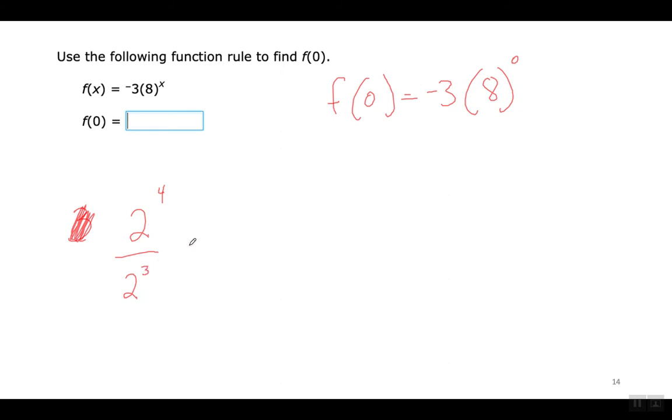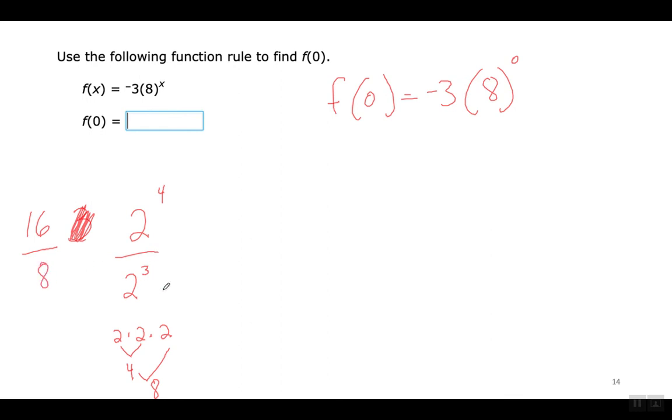First of all, 2 to the 4th power, in case you don't know, is 16, because 2 times 2 is 4, 4 times 2 is 8, 8 times 2 is 16. And 2 to the 3rd power is 8, because 2 times 2 is 4, and 4 times 2 is 8.